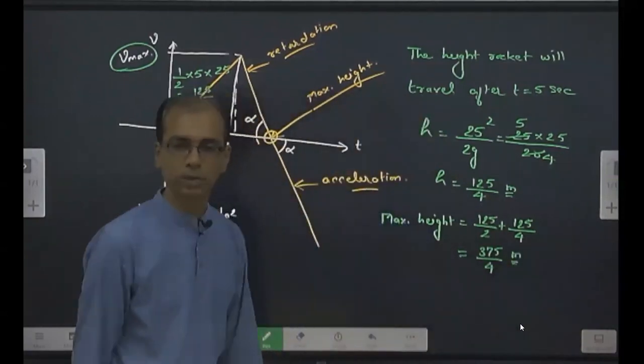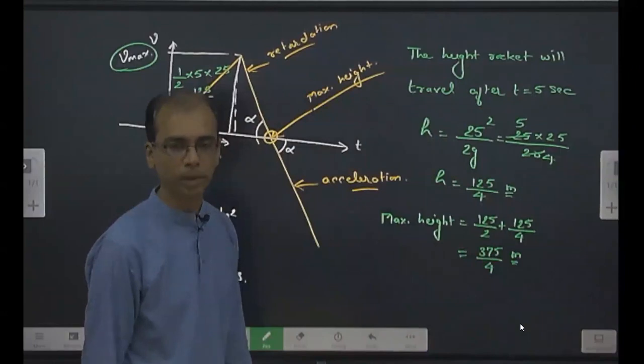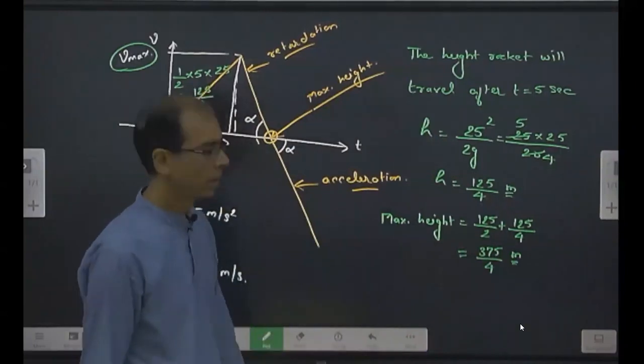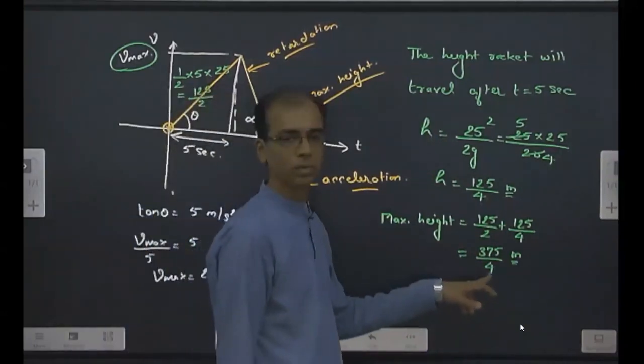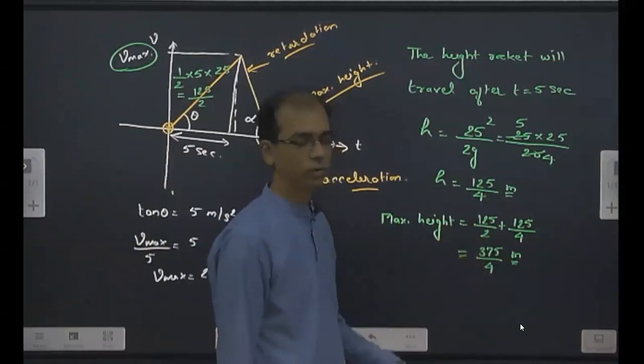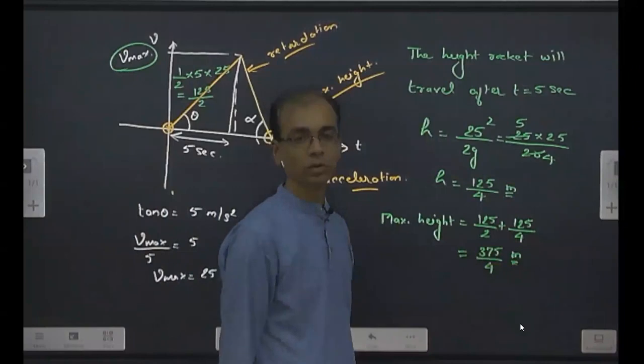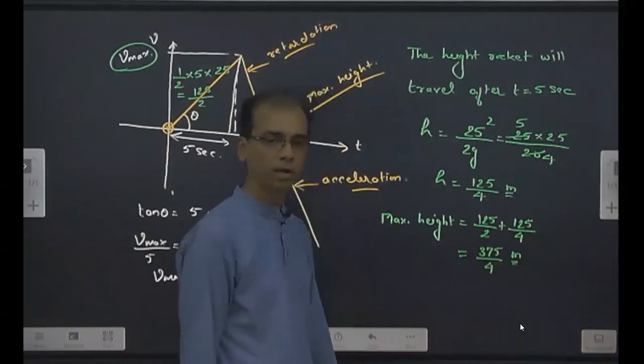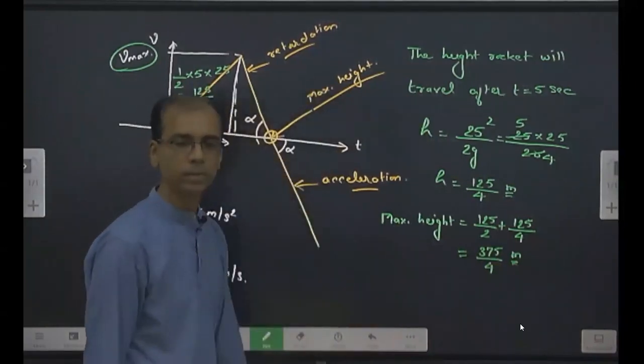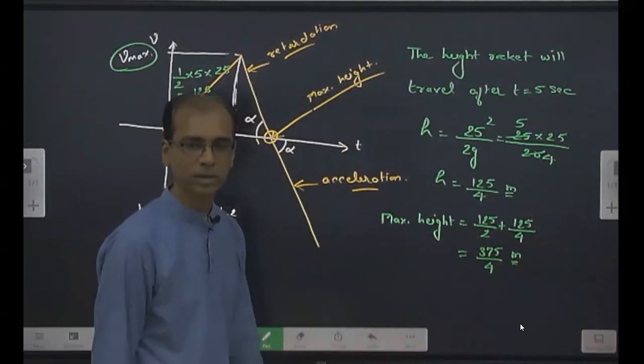When you solve this one, you get 375 by 4. Take the LCM and get it. 4 is the LCM. 2 2s are 4, 2 into 125 is 250, and here 125. So 250 plus 125 is 375. And this is the maximum height. The first question's answer we got.